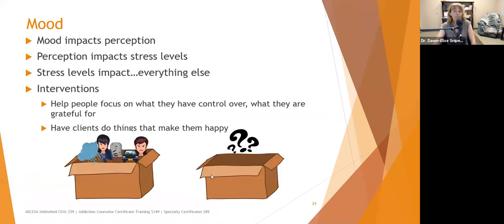Mood impacts perception. Perception impacts stress levels, and stress levels impact everything else. And when we're talking about mood, I'm just talking about emotions here. And one of the things I want you to recognize is that we can eliminate and eliminate and eliminate.